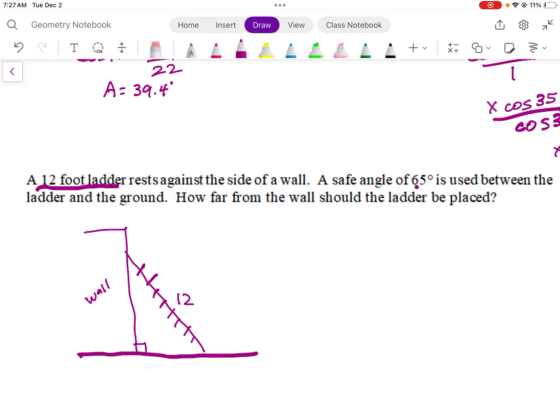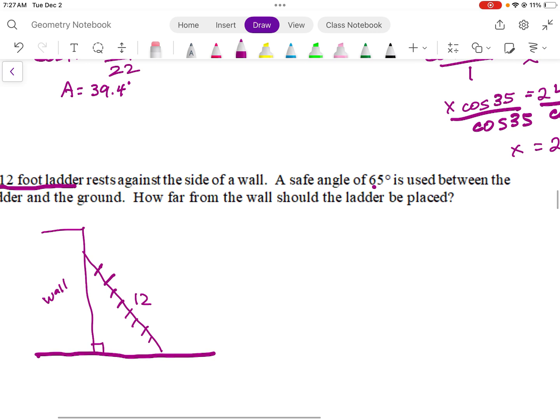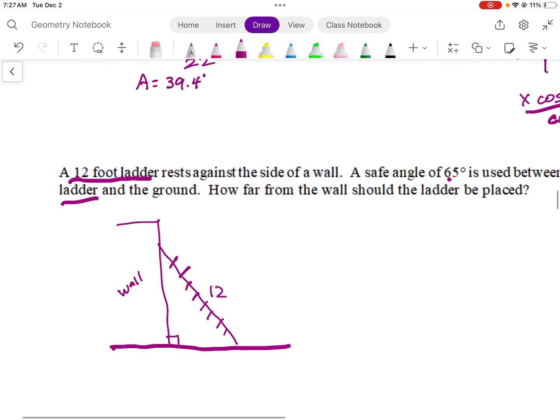A safe angle of 65 degrees is used between the ladder and the ground. So the ladder and the ground, that's going to be this angle right here, so this is 65 degrees. How far from the wall should the ladder be placed?